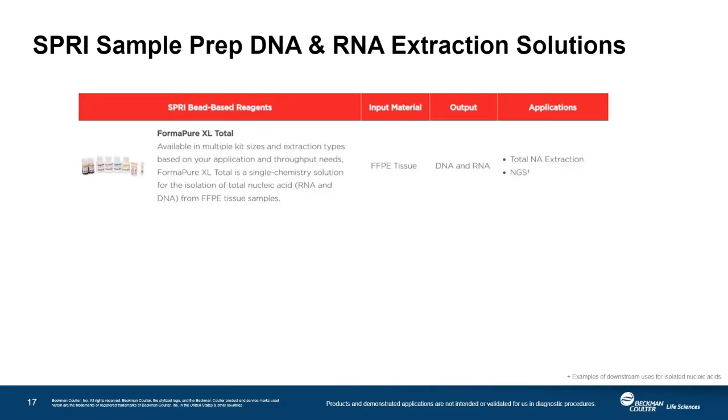And so you're going to get less out of that. So having one kit, one single chemistry solution for the isolation of RNA and DNA in these FFPE samples means you're not splitting it, and you get much better yield, better results with using something like that XL Total kit.